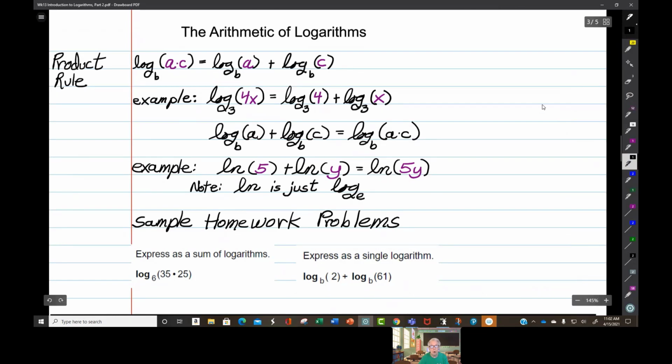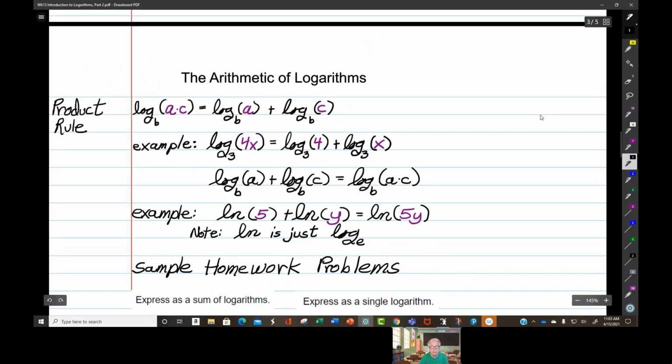Logarithms have their own arithmetic system that's based on those basic rules of exponents that you started learning way back in beginning algebra. Long ago and far away, or not so long, not so far away. Like I said, we've already reviewed them a couple of times here. But this is totally different.